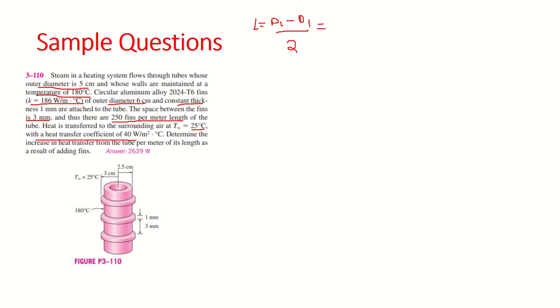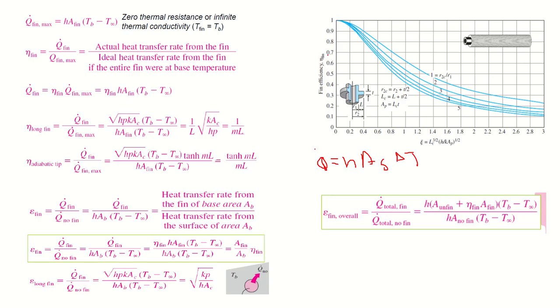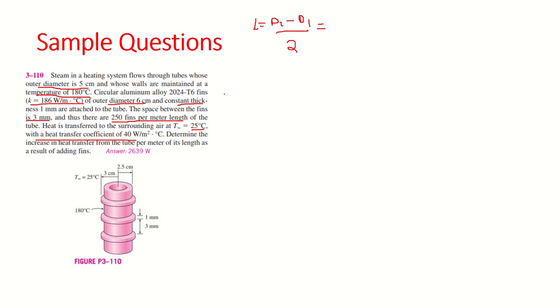First we need to find the L, because to find LC we need L. If I substitute, my d2 is 0.6 meter, minus my d1, 0.05 meter, by 2, which gives me 0.005 meter. I found the L.